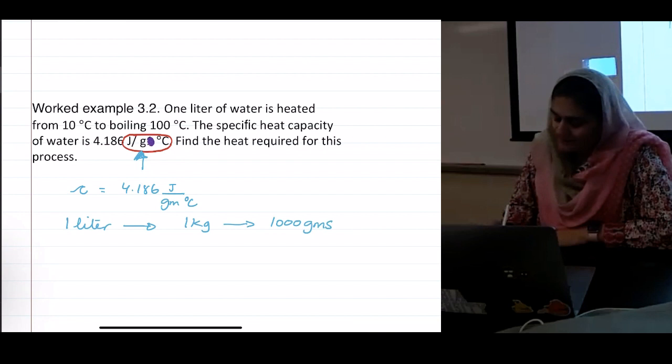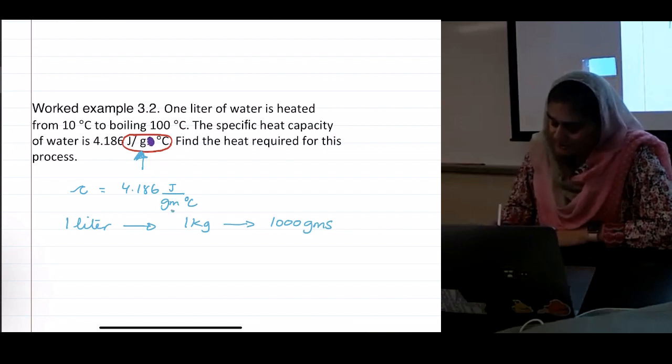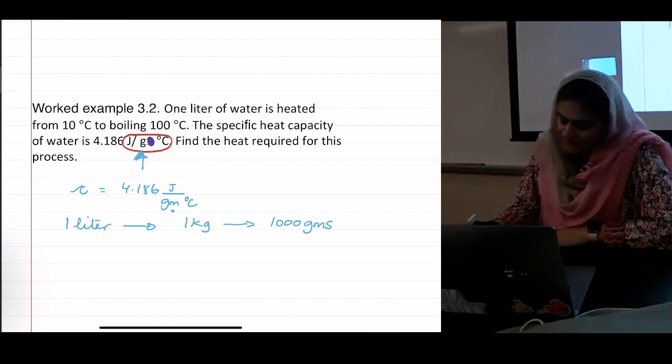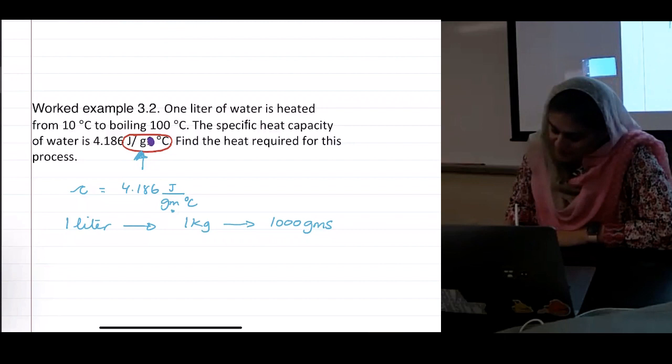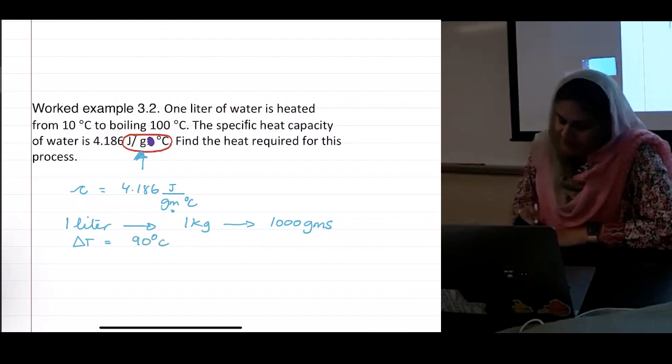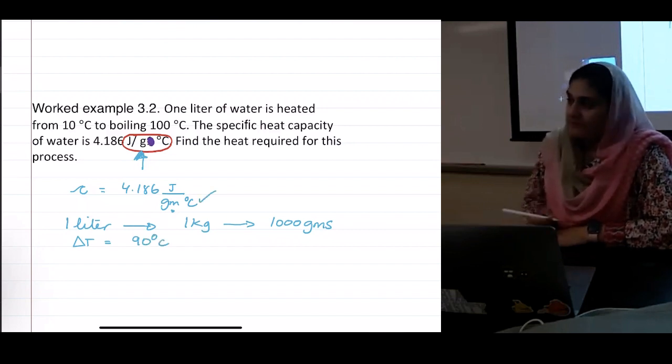You could either convert this to kilograms or you could convert that to grams, whichever one you want. I don't have a preference. Okay, and what is the delta T? Degrees Celsius, which is why this would be perfectly reasonable. If this was Kelvin, then we would have to convert that to Kelvin.